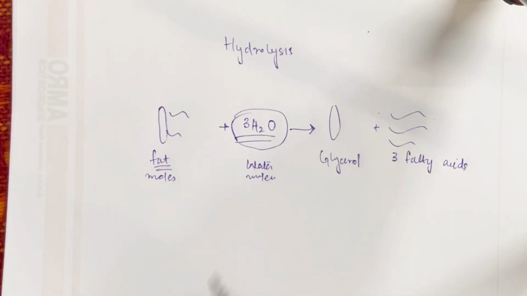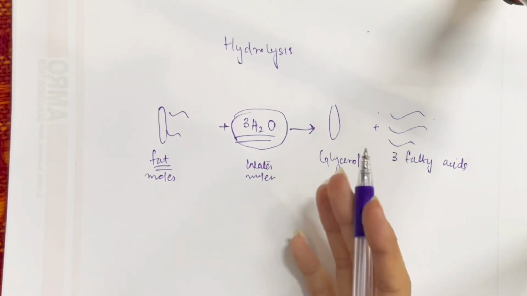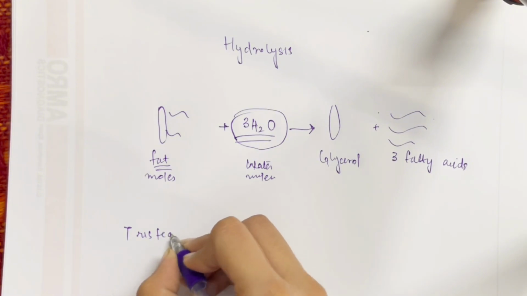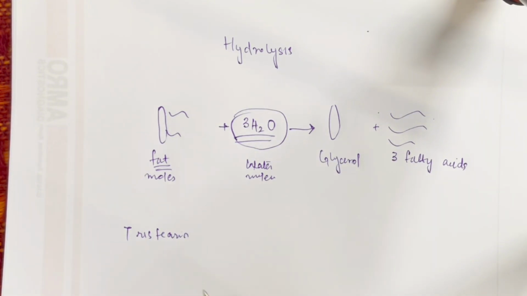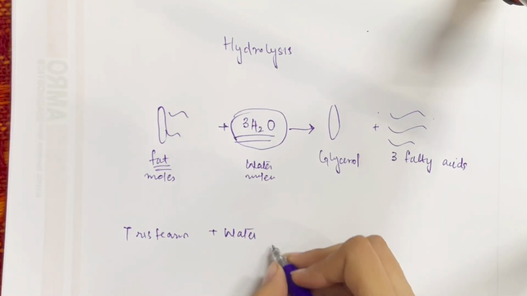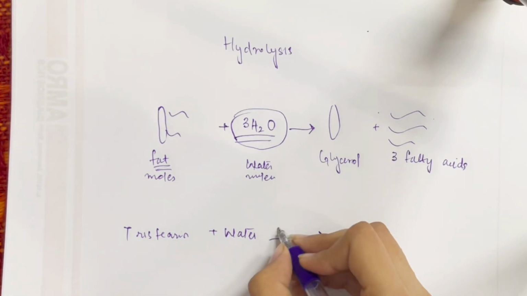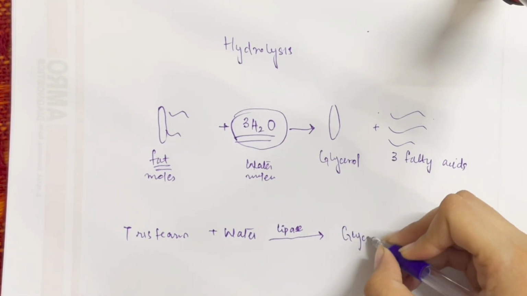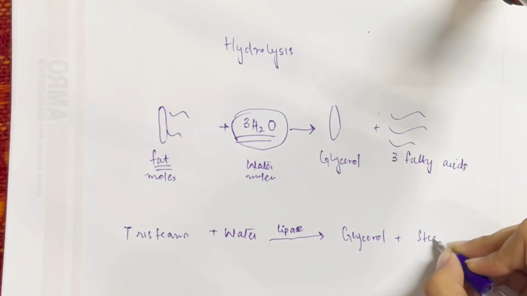For example, when a fat is hydrolyzed by the enzyme lipase, stearic acid and glycerol are produced. How is this so? I've already told you about the beef fat and its general formula in the last sheet. So, when the fat undergoes hydrolysis with water in the presence of an enzyme, let's say lipase, for this reaction we are taking the enzyme lipase, it produces glycerol and stearic acid.